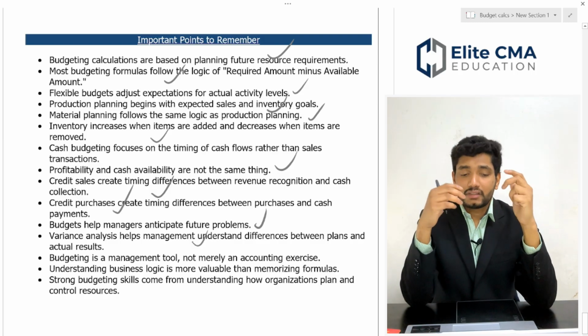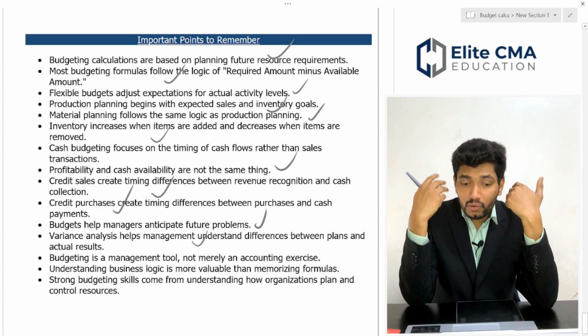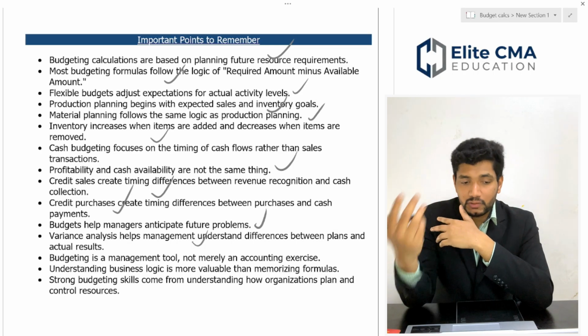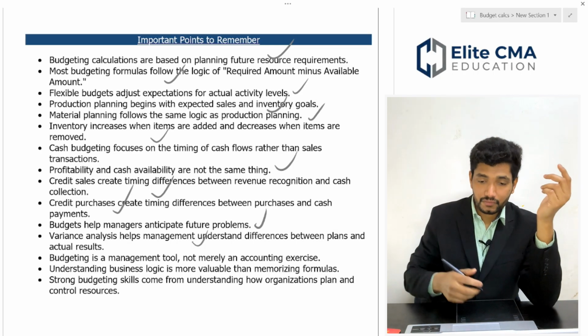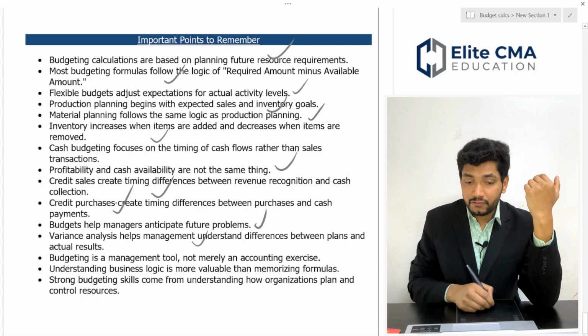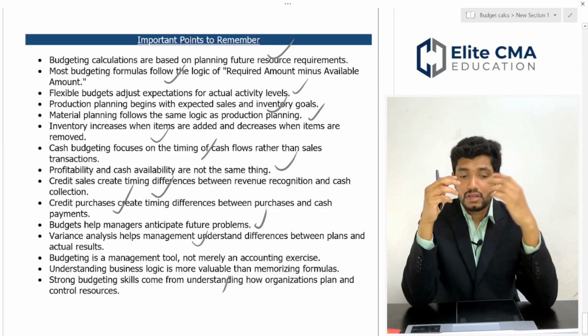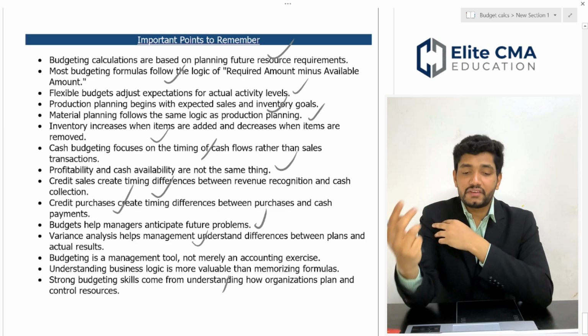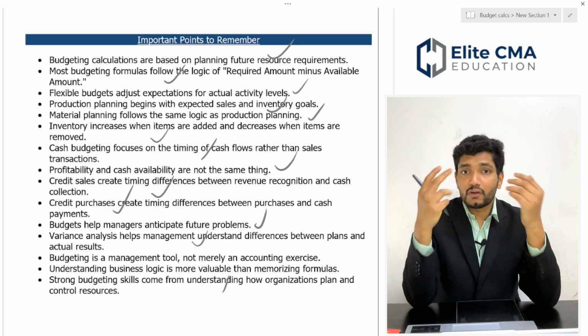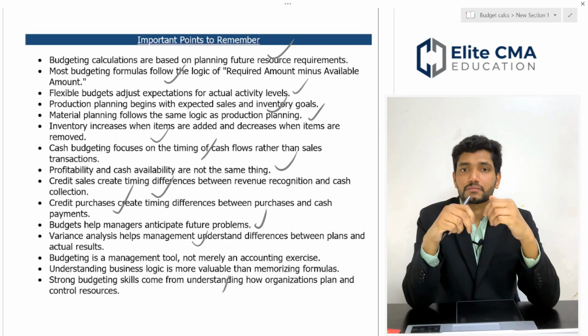Understanding the budgeting logic is more valuable than memorizing the budgeting formulas. Strong budgeting skills come from understanding how organizations plan and control resources. Before you move into budgeting, you should understand how organizations plan and control resources.